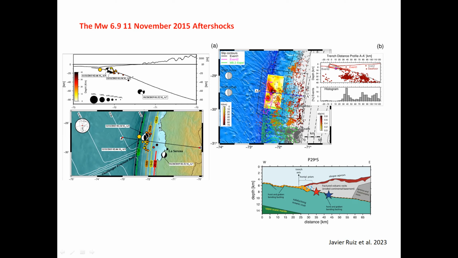We have these two events of 6.9. For this reason, we don't have an instrumental tsunami, but if this event for some reason could be a 6.3, 6.4, maybe we could be speaking about a tsunami earthquake, but it's not the case because it was at the limit, I think. But the message is these are very, very close to the trench, and in central Chile, it's possible to have this kind of events.